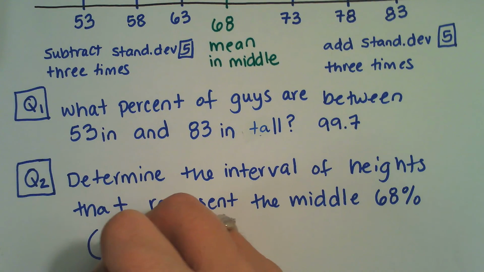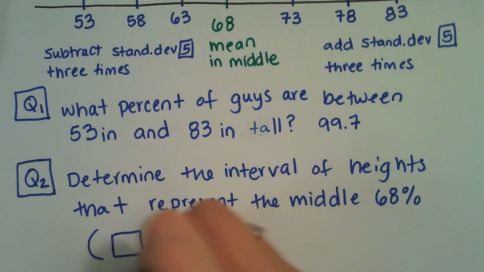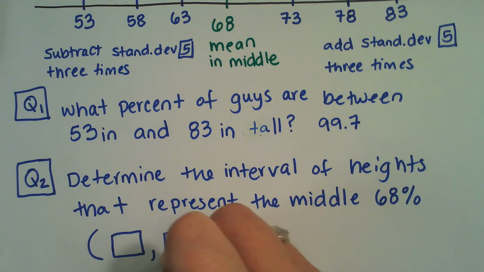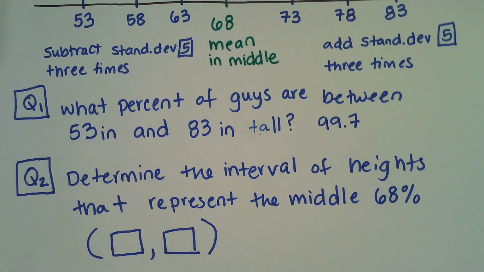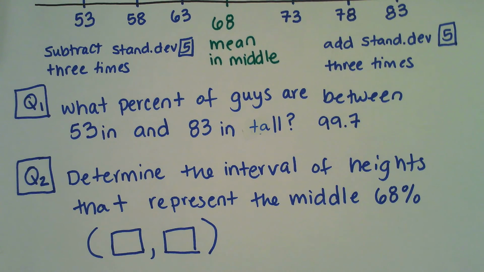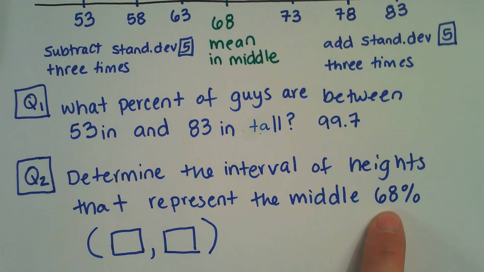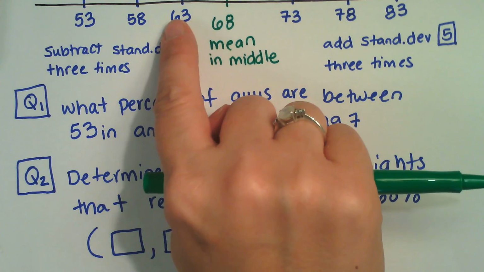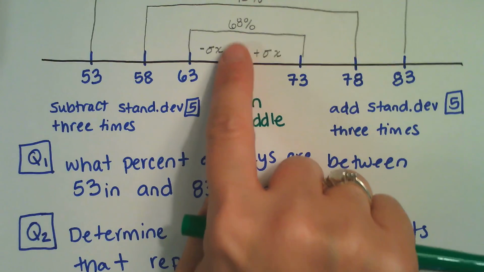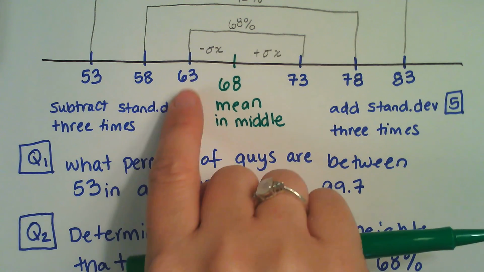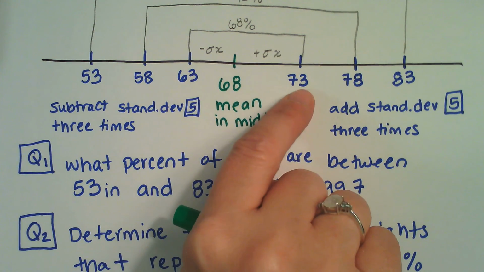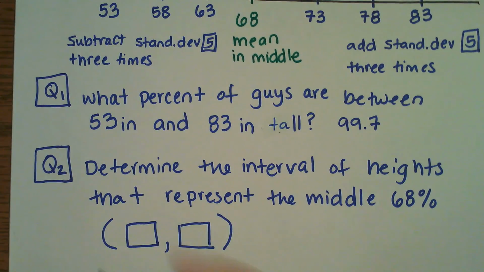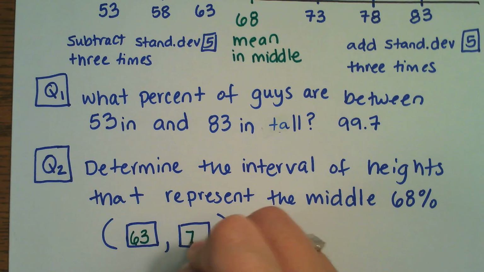So they'll have a parentheses and a box, comma, a box, and a parentheses. This 68% is always one standard deviation away in each direction. So I would record that 68% of this data is between 63 and 73. So I would put 63 here and 73 here.